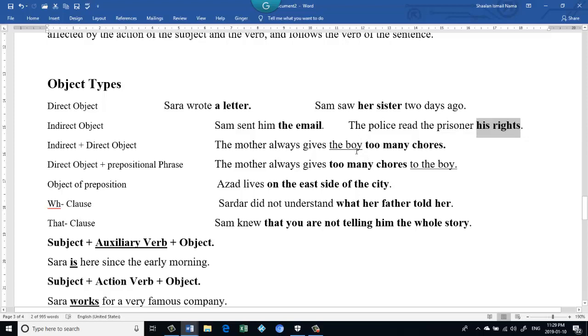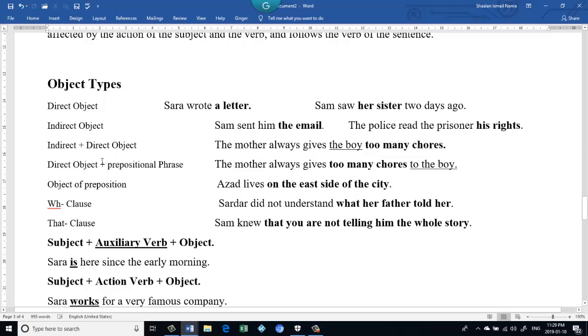Maybe you could have both indirect and direct object. The mother always gives the boy too many chores. For example, mother is the subject, then gives is the verb. The boy is the indirect object to the mother, but too many chores will be the direct object.